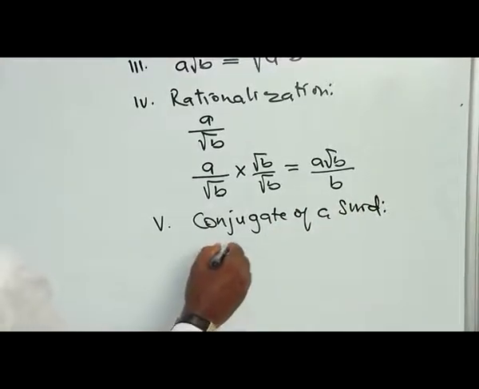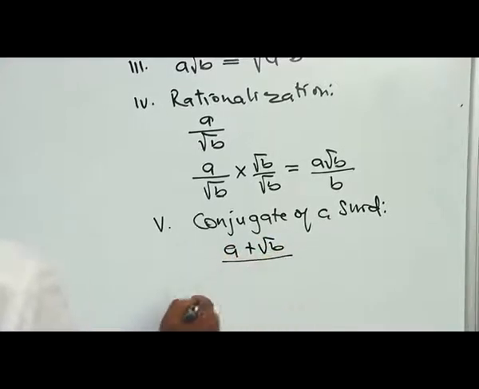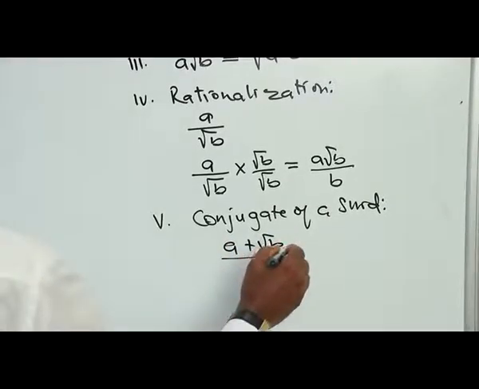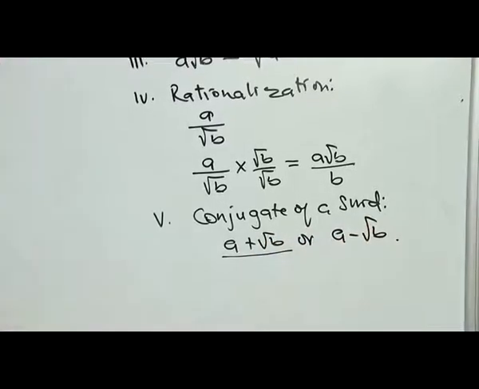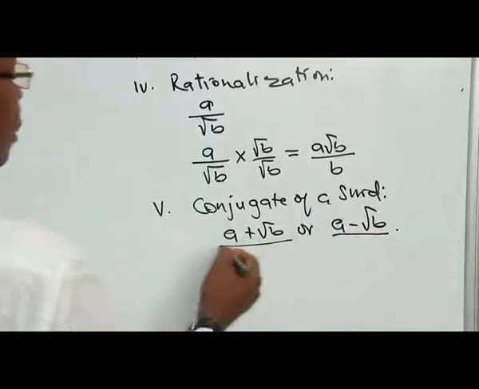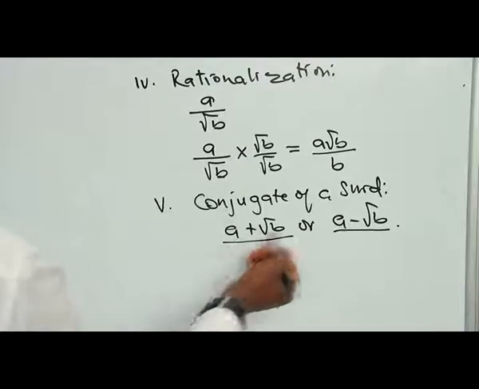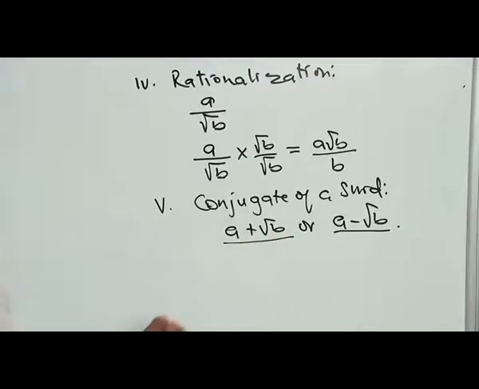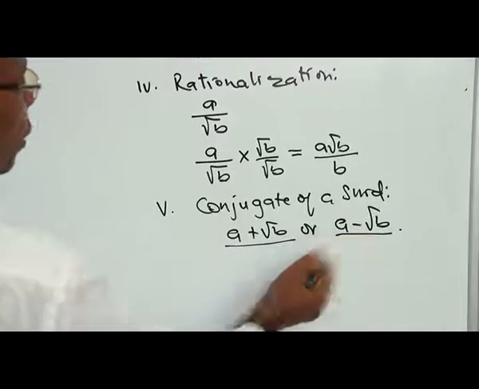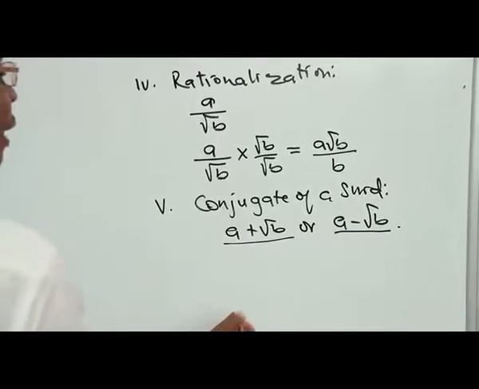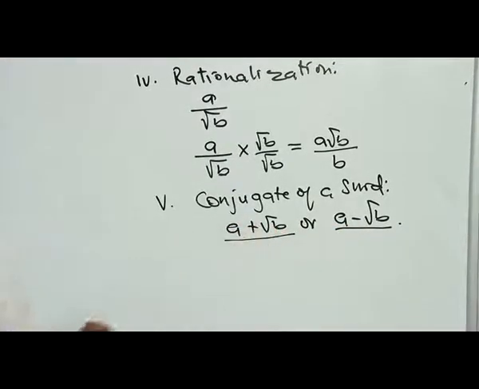If you have A plus root B or A minus root B, these two terms or these two surds are conjugate of each other. A plus root B is the conjugate of A minus root B. Similarly, A minus root B is the conjugate of A plus root B.